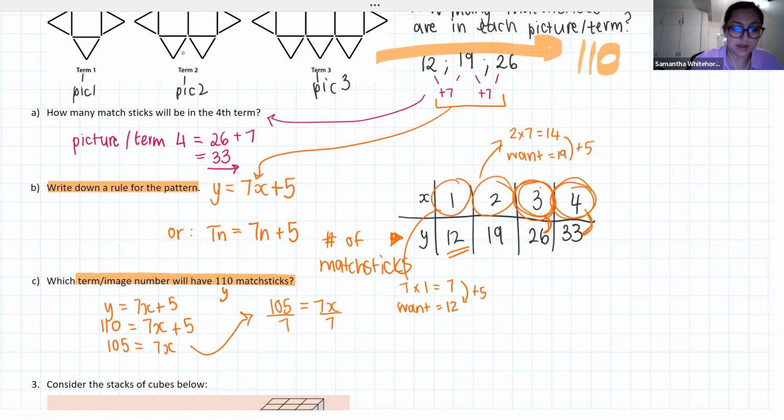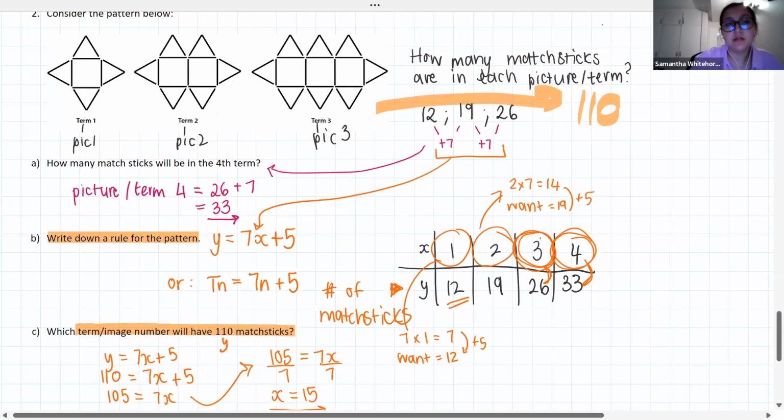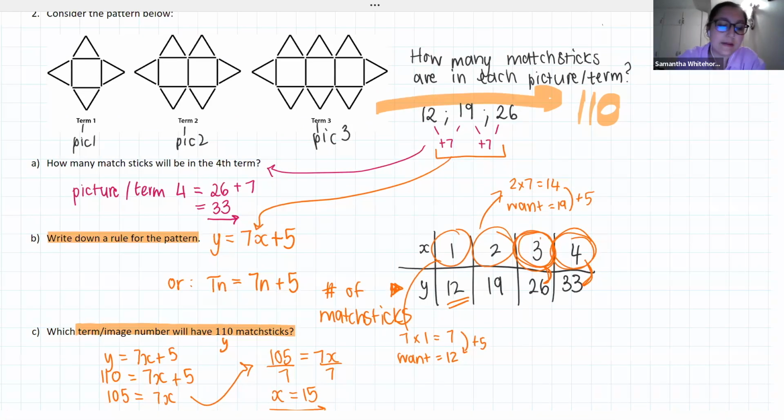Now 105 divided by 7, as a lot of you have already put it there on the chat, is 15. So if I carry on drawing this pattern to the 15th picture, I will be drawing 110 little lines. And this is where that prediction idea comes in. I can make a prediction, or I can start to get more information about my pattern the second I start finding rules and relationships.